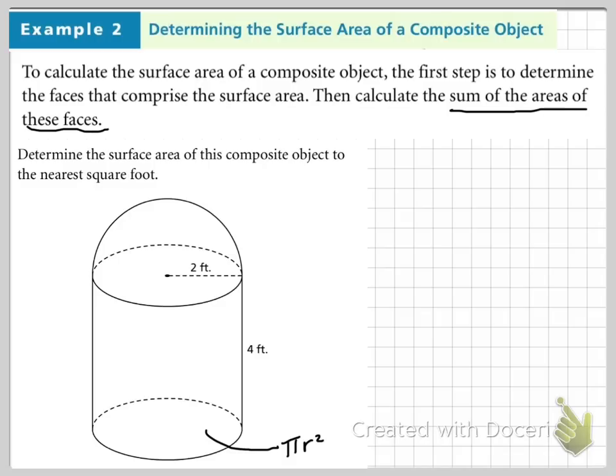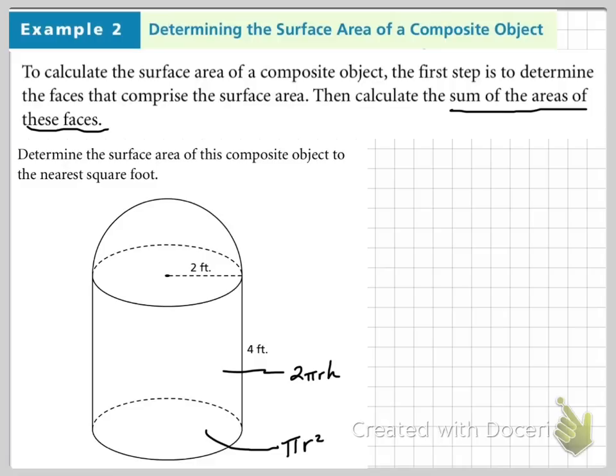The bottom is a circle, so that's pi r squared. The middle surface is the side face of a cylinder. Remember that a cylinder is 2 pi r squared for the two ends plus 2 pi r h for the side, so the side is going to be 2 pi r h.